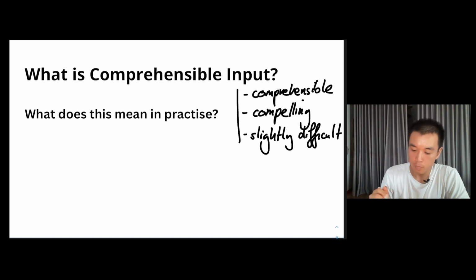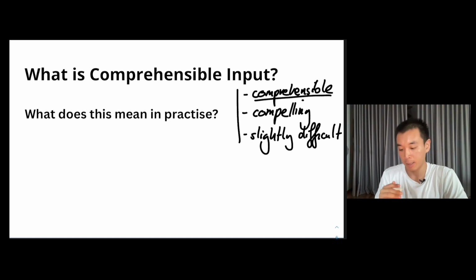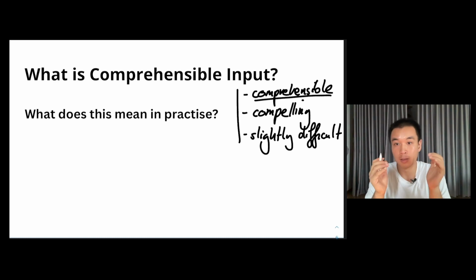So at the level of a beginner, this is difficult because to meet the first criteria, comprehensible, the level of the material needs to be very, very basic. But if it's basic, it means it might not be compelling enough for you. So the type of material that is both comprehensible and compelling for a beginner is quite rare to come by.